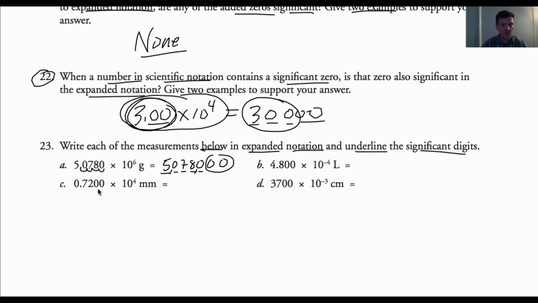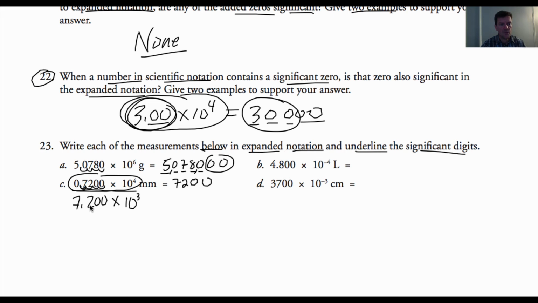0.72. By the way, even though it looks like it's in scientific notation, it's not. The correct form here would be 7.200 times 10, and since I moved this over 1, this exponent has to come down by 1. So these 2 are the same value. If I take 0.7200 times 10 4 times, I get 7200.